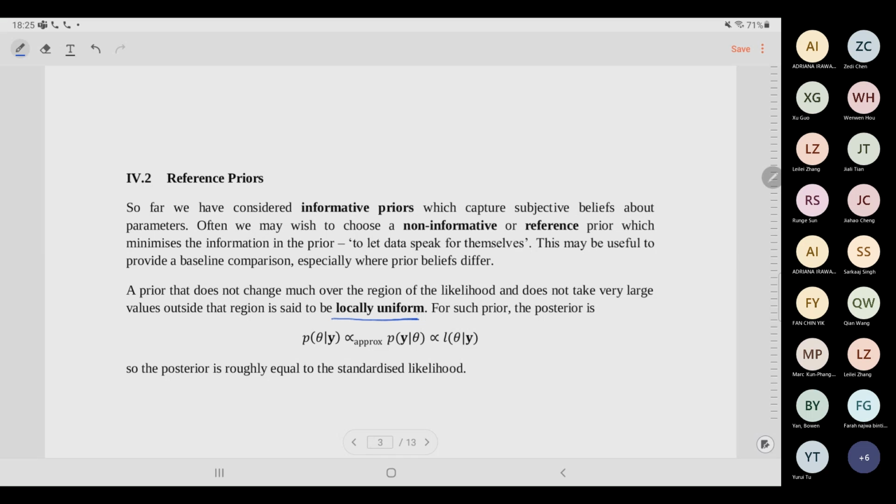You want it to be uniform like a flat prior, but it's locally uniform. For such a prior, your posterior will be approximately proportional to your joint PDF or your likelihood, so it is equal to the standardized likelihood.